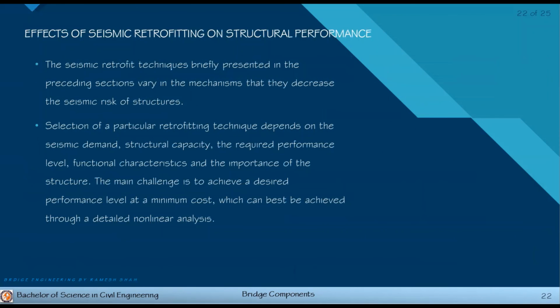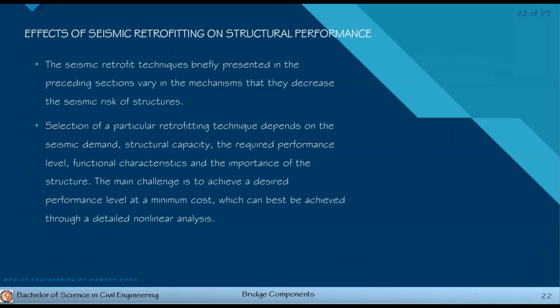So, effects of seismic retrofitting on the structural performance. The seismic retrofit techniques briefly presented in the preceding section vary in the mechanism by which they decrease the seismic risk of a structure. So selection of the particular retrofitting technique depends on the seismic demand, structural capacity, the required performance level, functional characteristics, and importance of the structure.